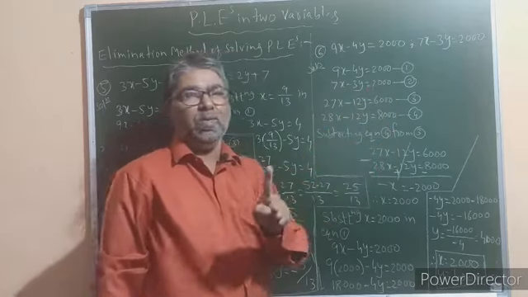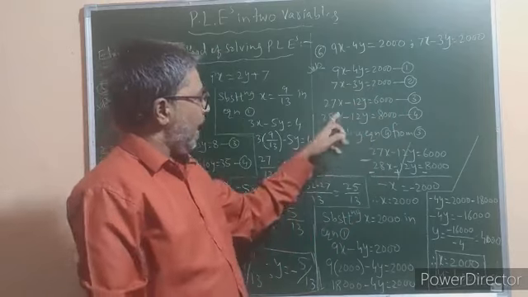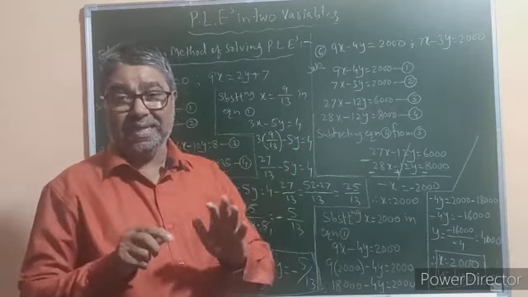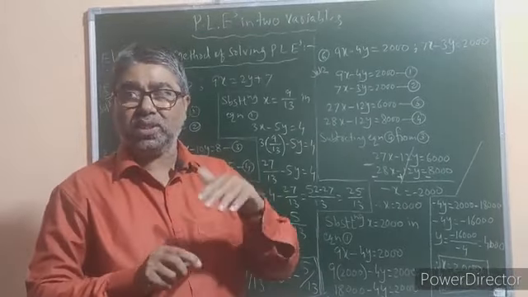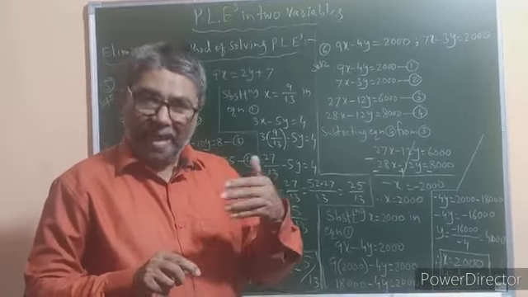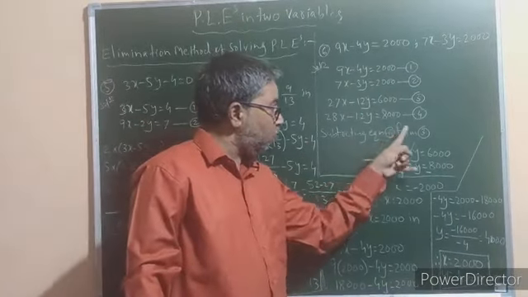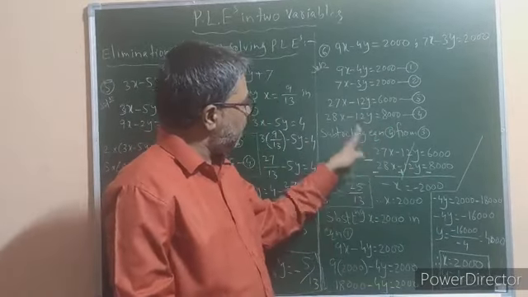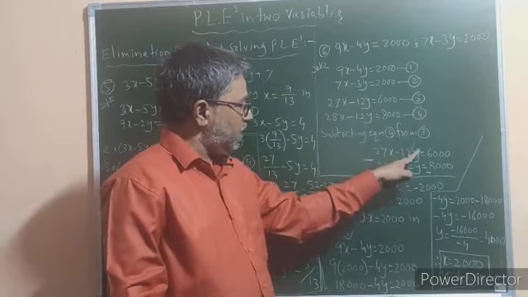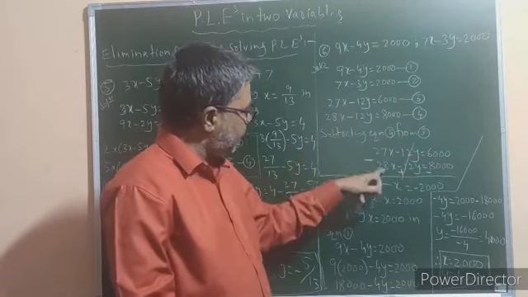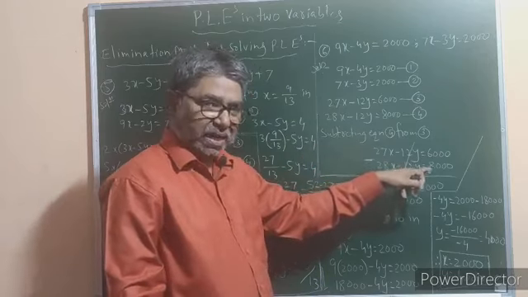Call this as equation number 4. Now as 12y has got same sign, we have to subtract one equation from the other to eliminate 12y. So subtracting equation 4 from equation 3, we get 27x minus 12y is equal to 6000, below write 28x minus 12y is equal to 8000.